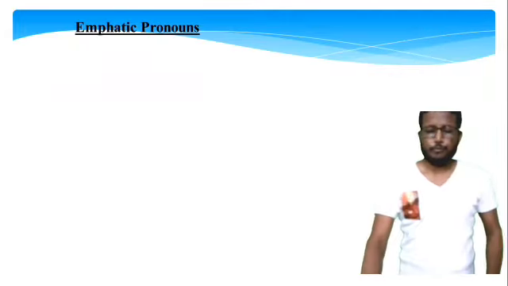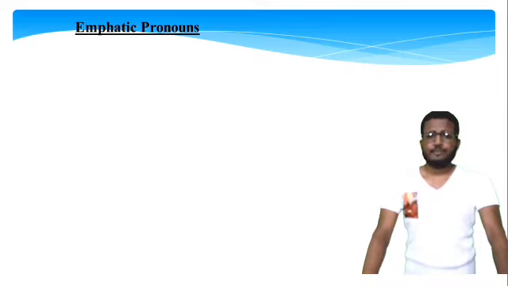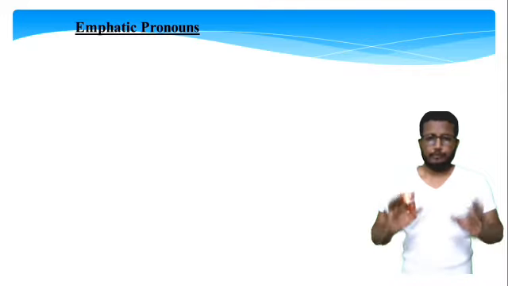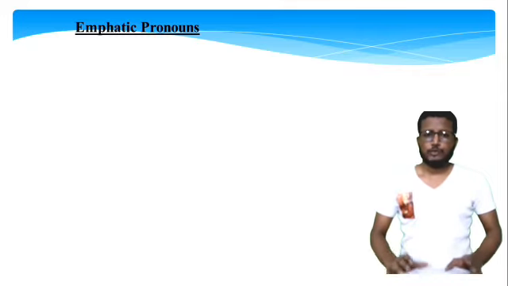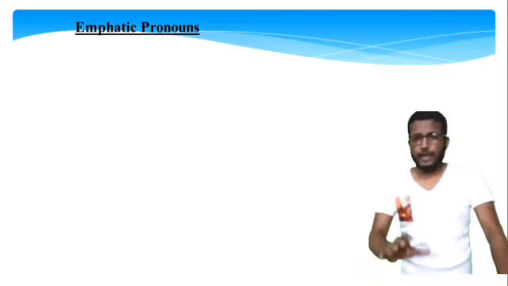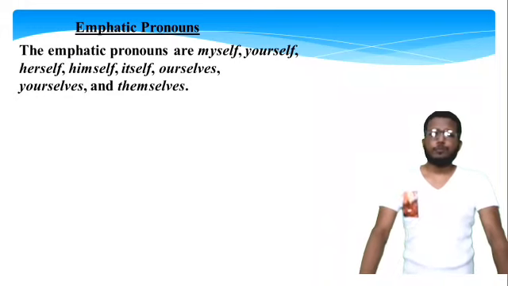After reflexive pronoun, emphatic pronoun. The word emphatic comes from emphasize, making pressure. To put pressure on something is called emphasize. From that, the emphatic pronoun comes. So first of all, the emphatic pronouns are myself, yourself, herself, himself, itself, ourselves, yourselves, and themselves.